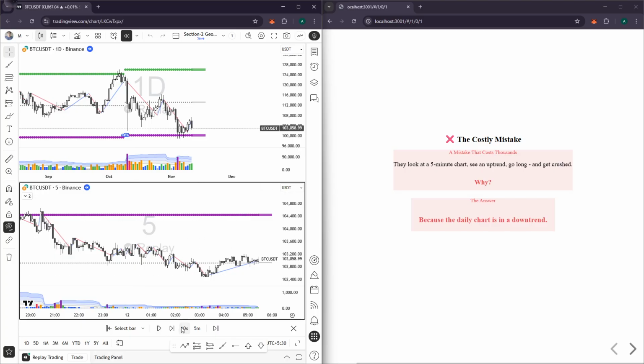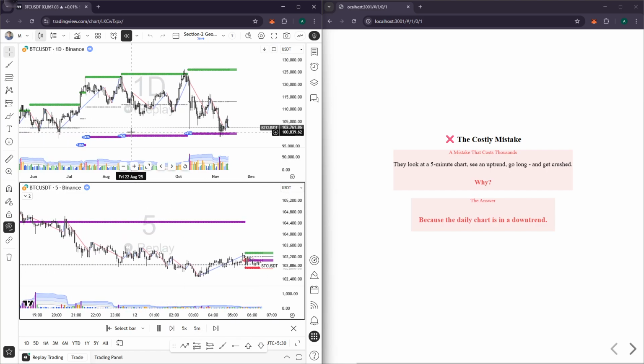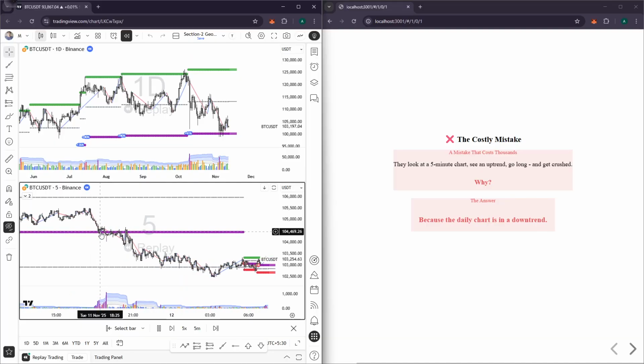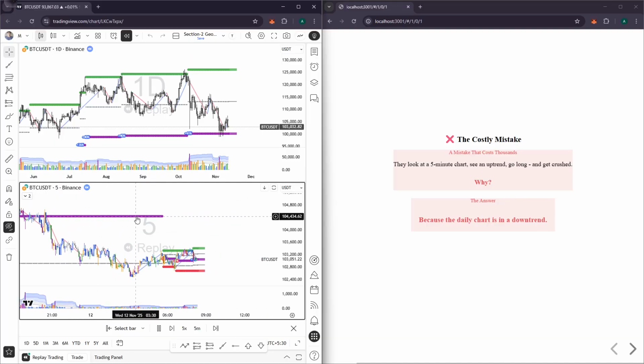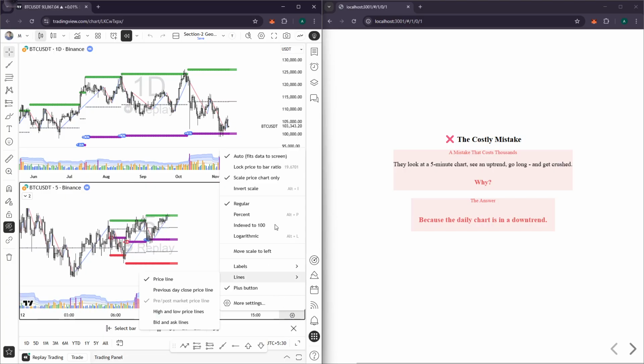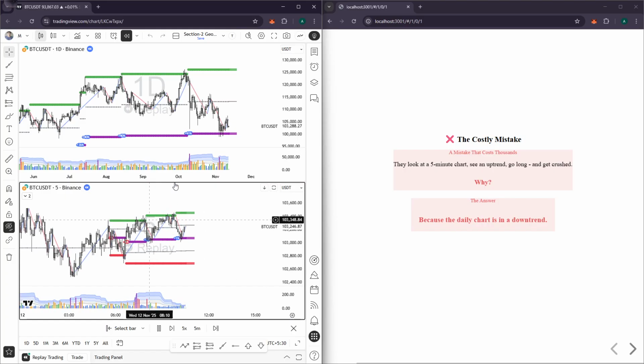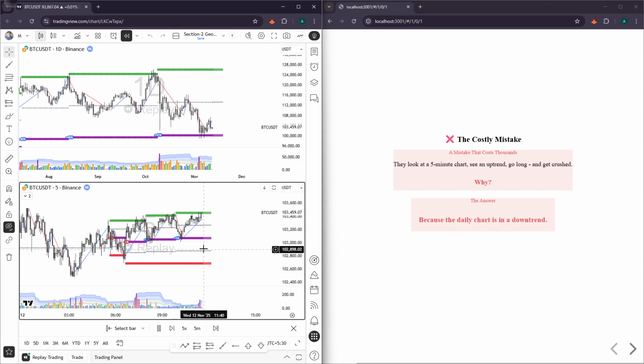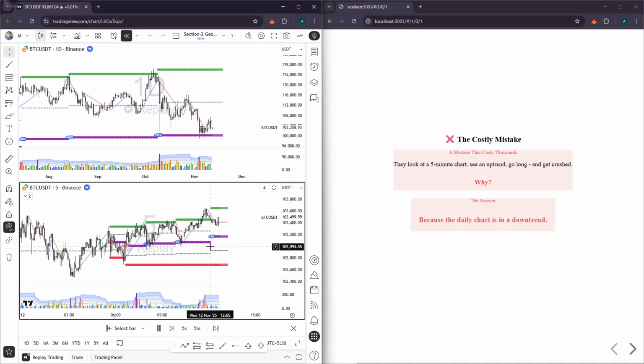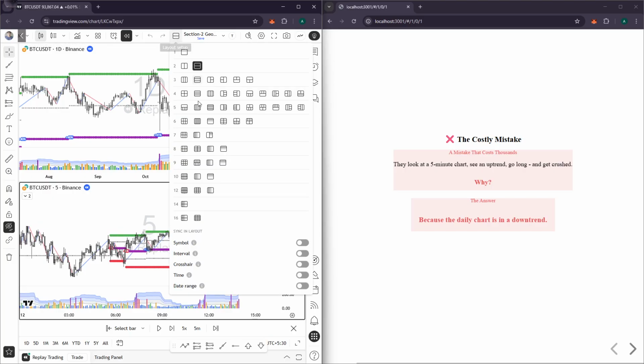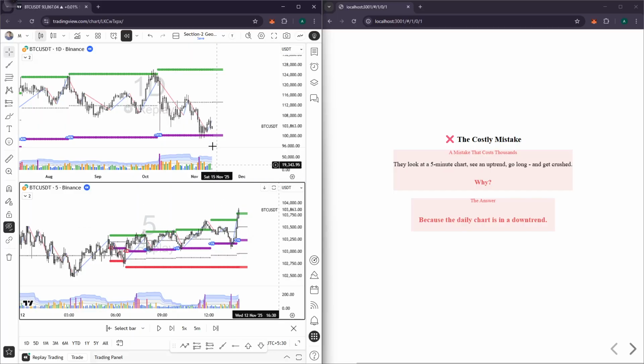So symbol is the same, crosshair is the same.